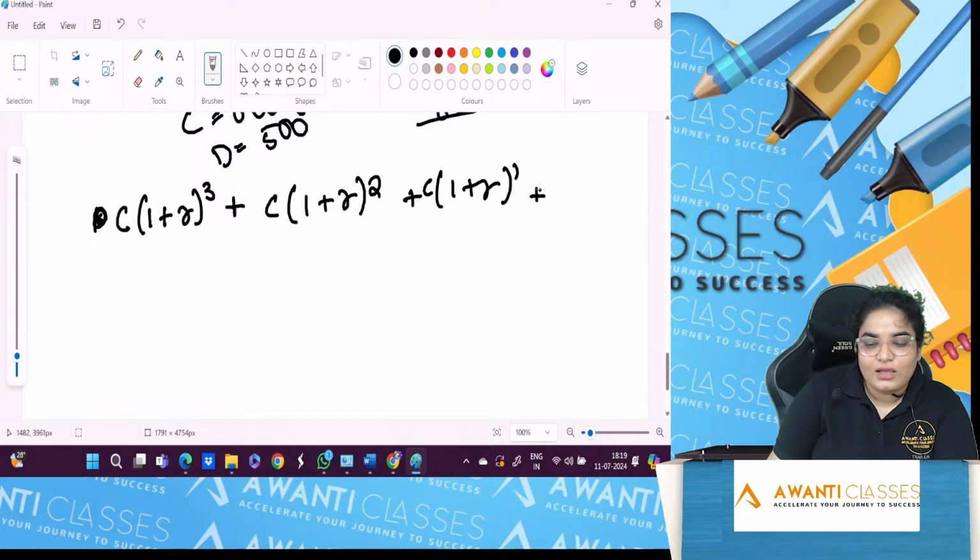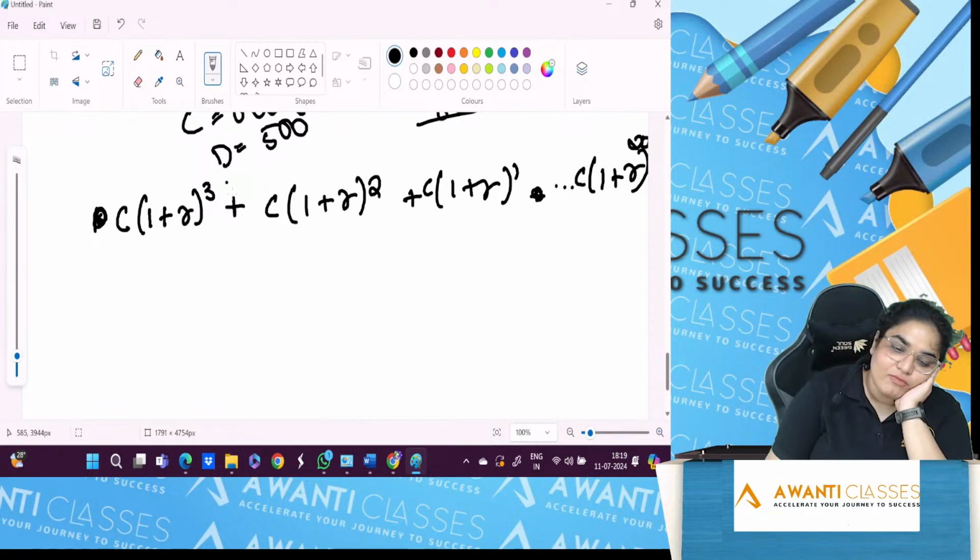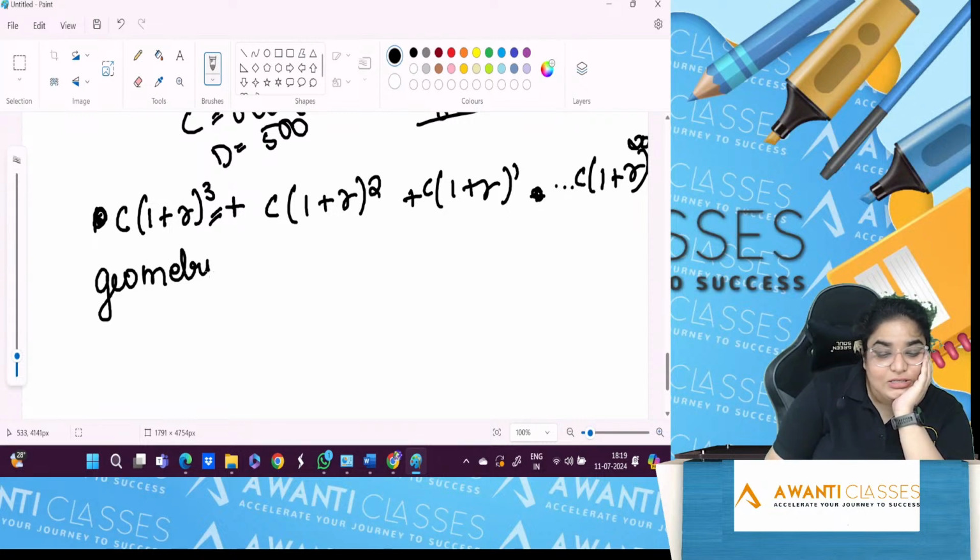Now say if this was going till C into 1 plus R to the power of 20 or something. This time we only took 3. Maybe it is there for 20 years. Then, if any of you remember, there is such a thing called a geometric series.